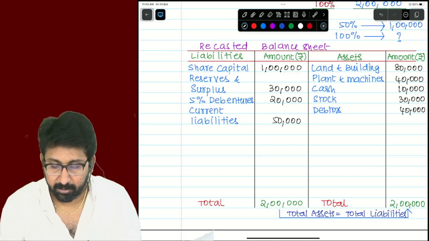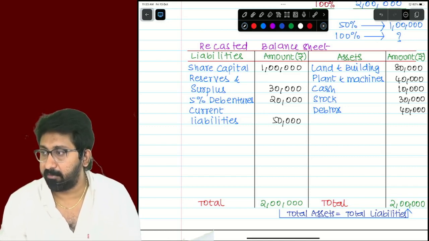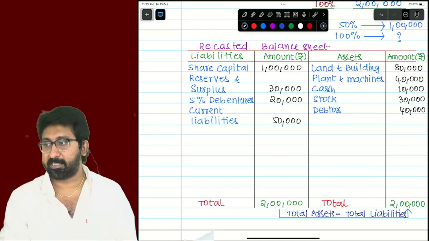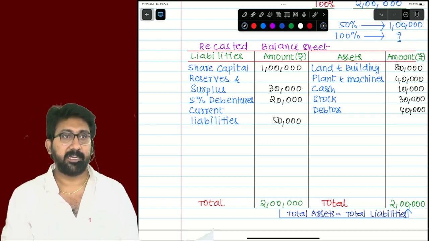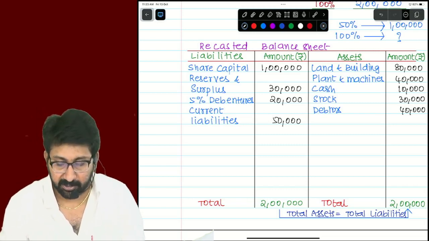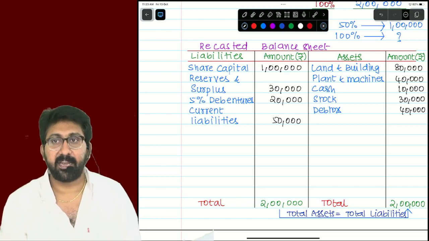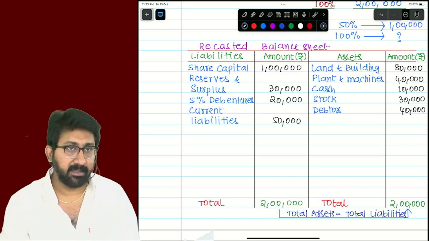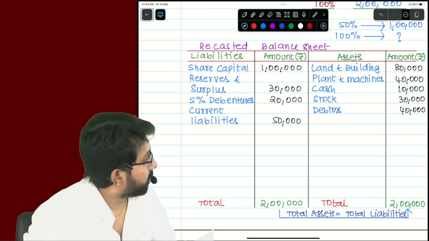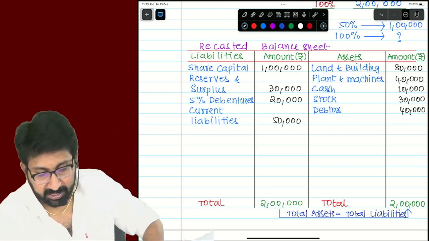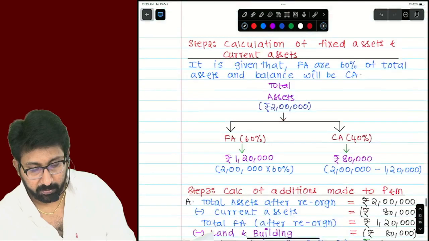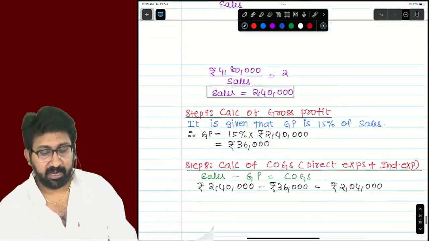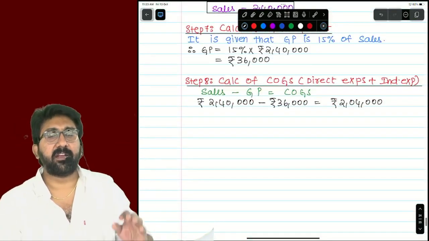Check that. 120, 130, 160 and 2 lakhs. Successfully we tallied the balance sheet. So balance sheet both sides, what is the total now? 2 lakhs. This is an indication that you have done right. If you have done anywhere wrong, balance sheets will not tally. So we now filled the balance sheet. Recasted balance sheet over.